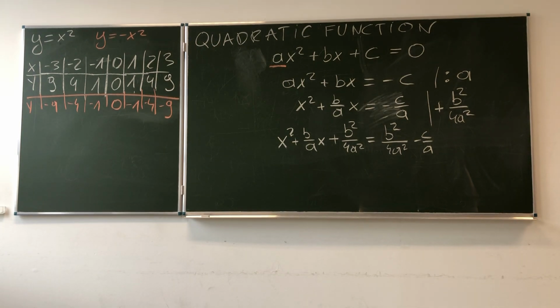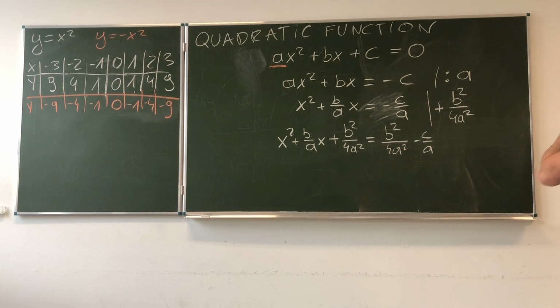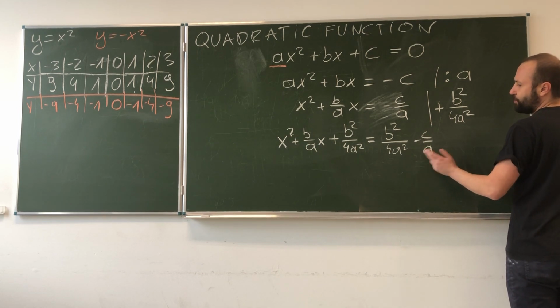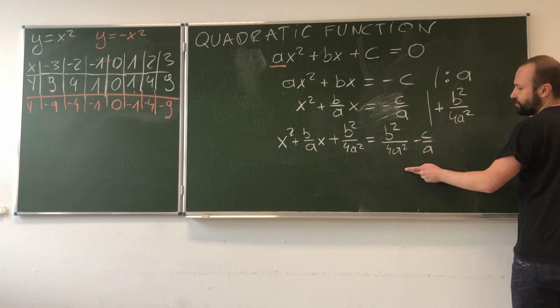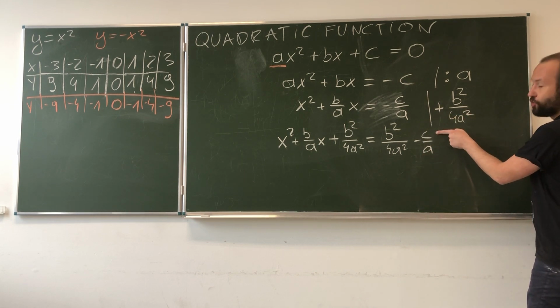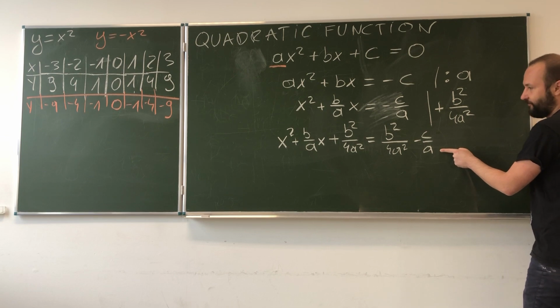Okay, so what to do with this now? First, actually, let's deal with this side of the equation. Look, if I want to add those two, I need to put them in a common denominator. In order to do so, I just need to take this, multiply numerator by 4a, and multiply denominator by 4a.